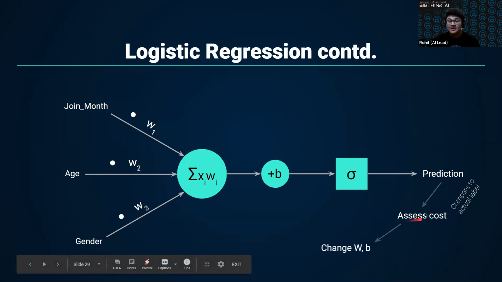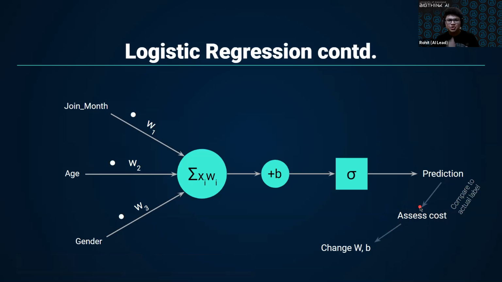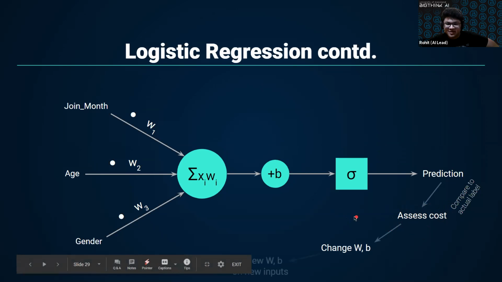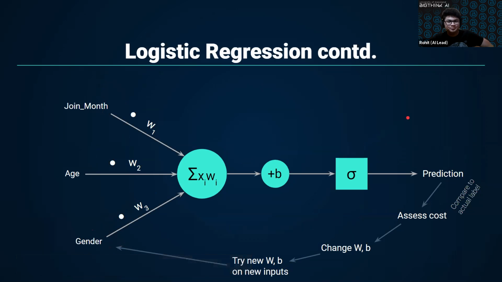And then, given whatever cost we have, we make that measurement. We have to shoot again in the dark with a new set of weights and biases to plot another value for the cost. That's how we get the curve over time that we can minimize, that we saw on the previous slide. So we try again with the new weights and biases as new inputs. That's when the next data point comes in.